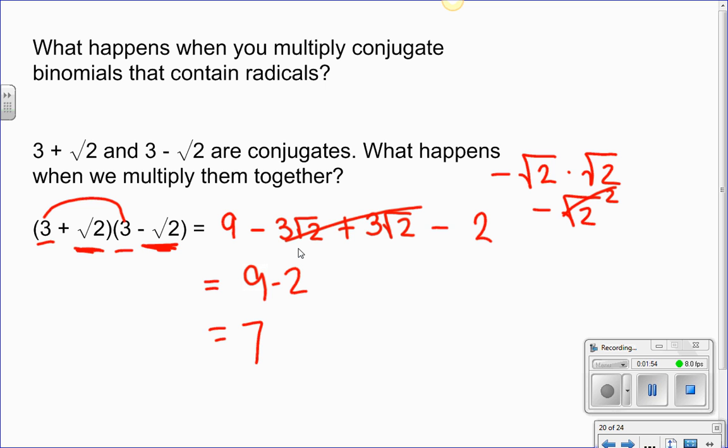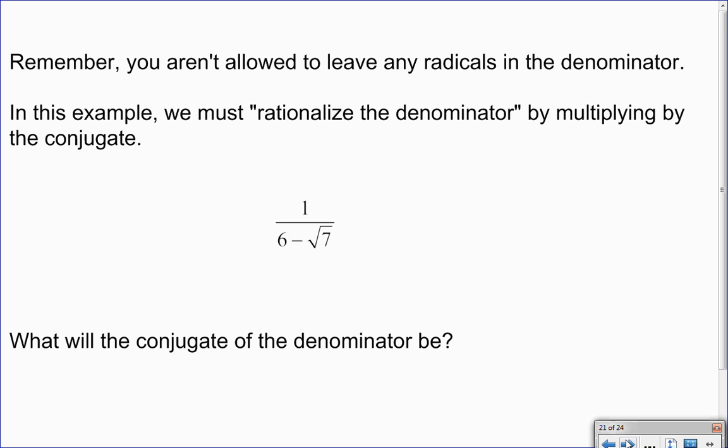So what happens when we multiply two conjugate binomials that have radicals? We get a rational number, always, because anything containing the radical is going to cancel. So this helps us to rationalize the denominator.